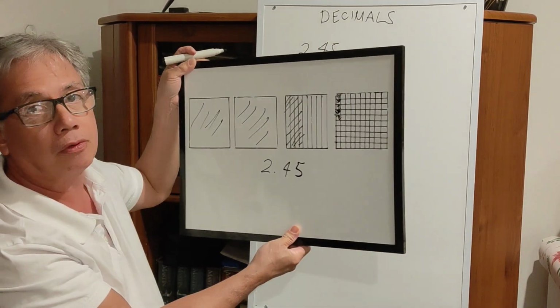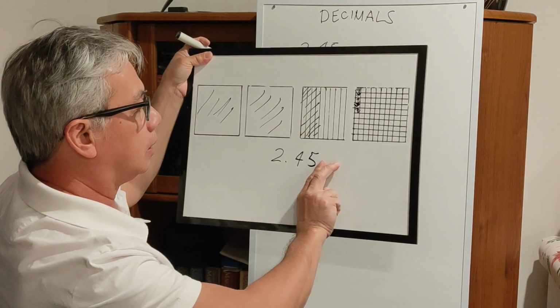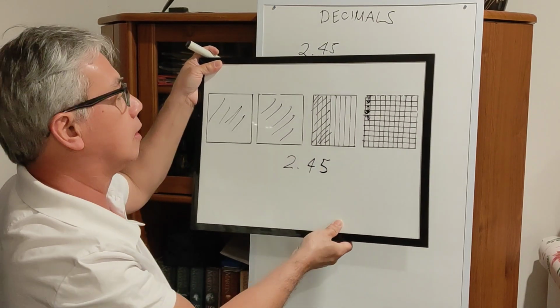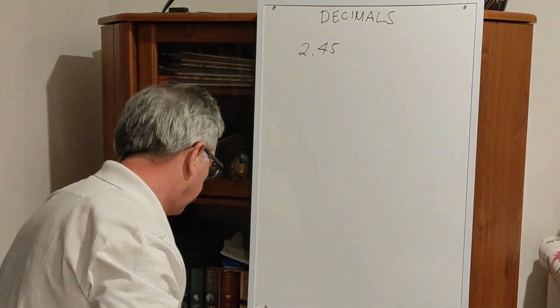So this is 2.45. The more numbers in here, the smaller is the fraction.